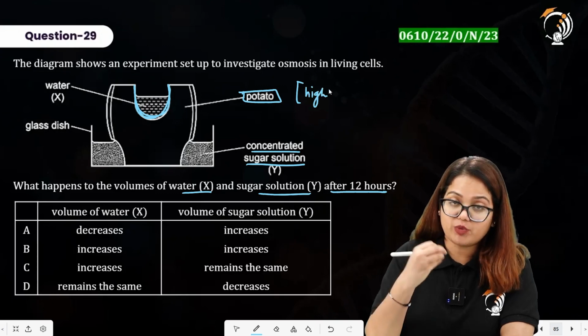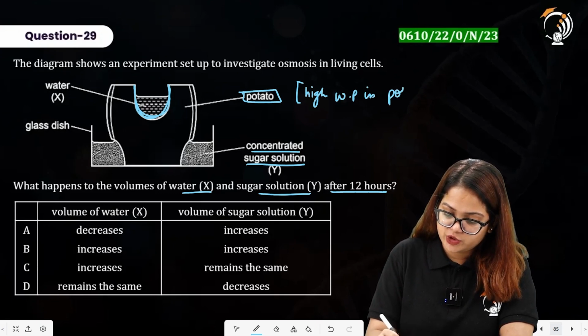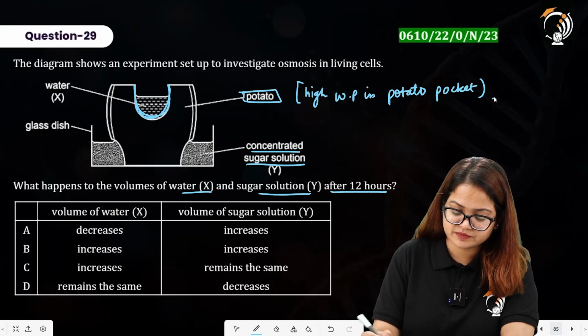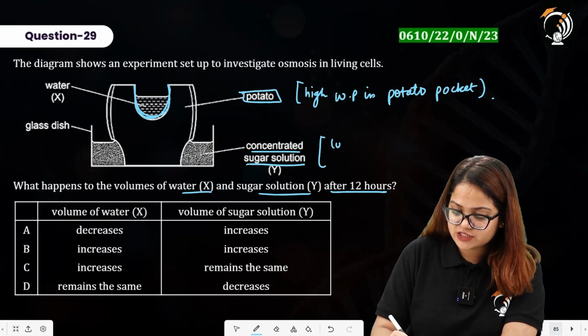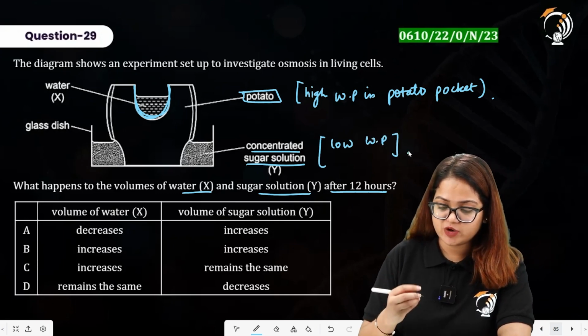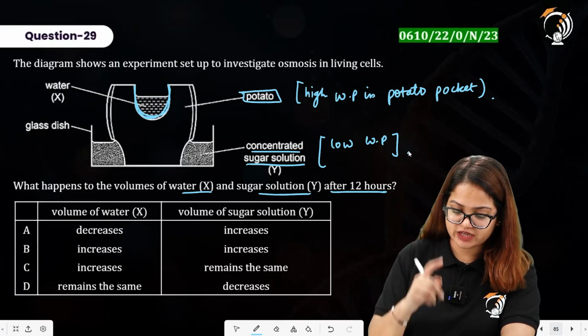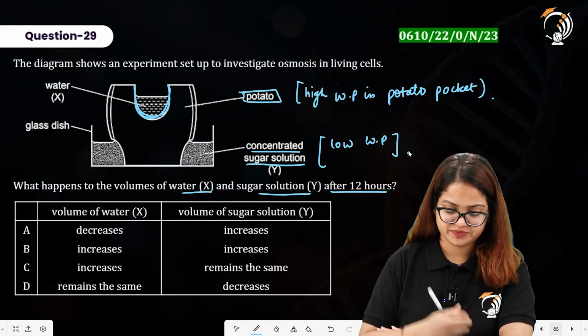And the concentrated sugar solution here has low water potential. So, there will be net movement of water from the potato pocket to the external concentrated sugar solution.